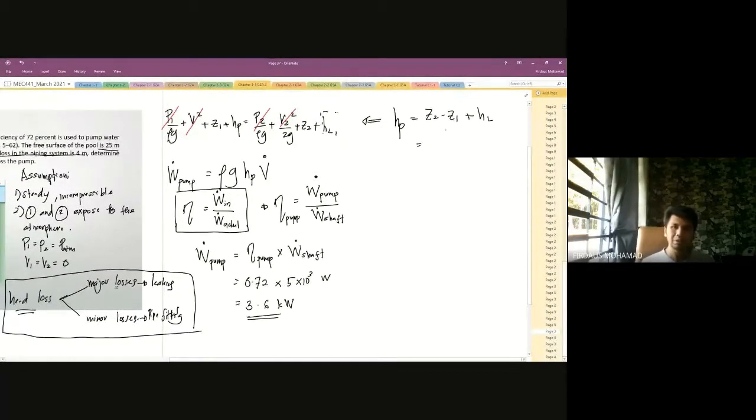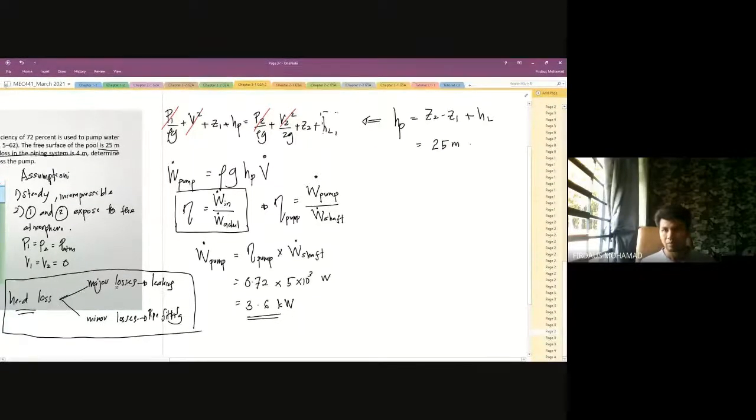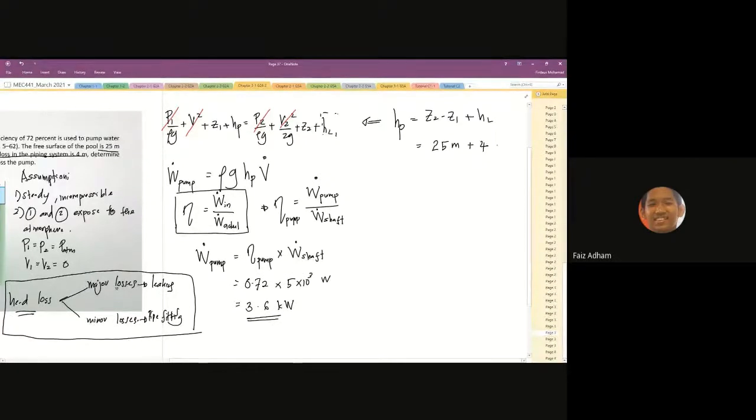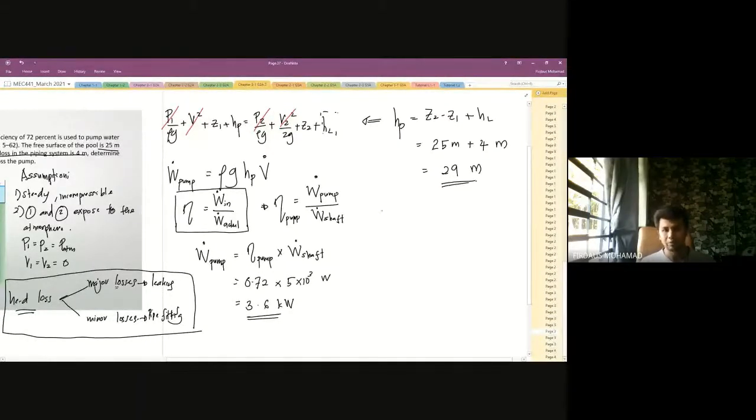Z2 tolak Z1 berapa? Heat loss berapa? 4. So head pump 29 meter.